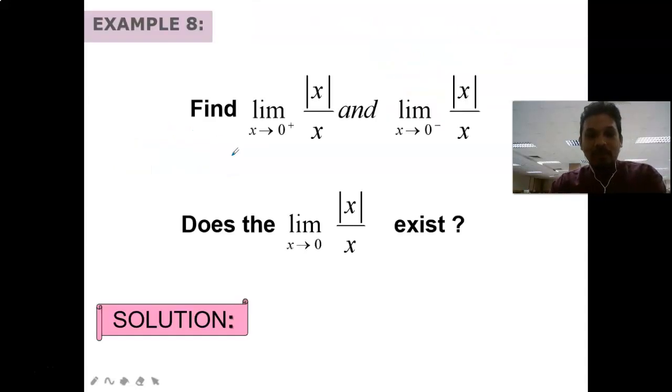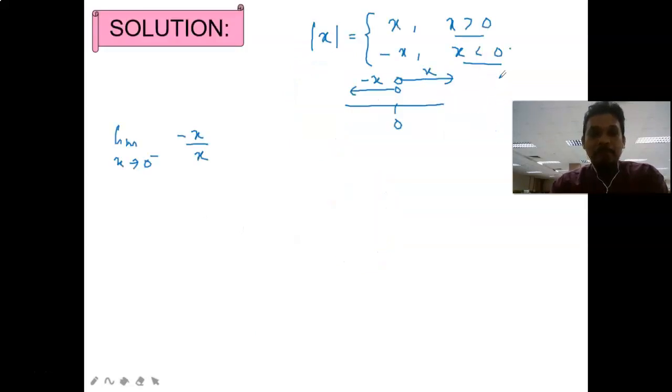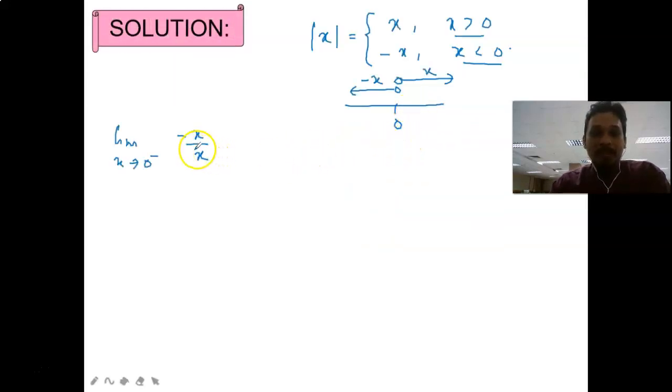Look at the question before the previous one: the modulus of x divided by x. So negative x divided by x equals negative 1.